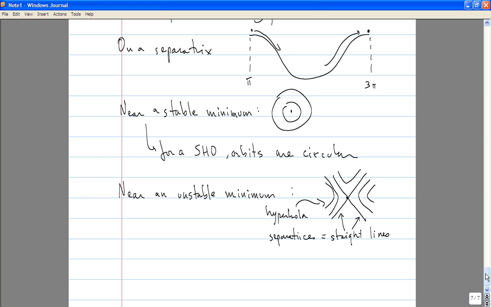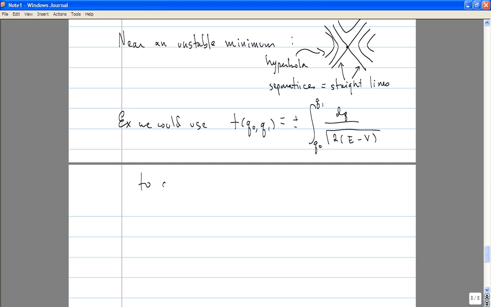So, for example, we could use the formula that the time to evolve between one point and another point is plus or minus the integral between q0 and q1 of dq over the square root of 2E minus V to write down an integral expression that would tell us how long it takes for the pendulum to evolve, or to swing, from one point to another.